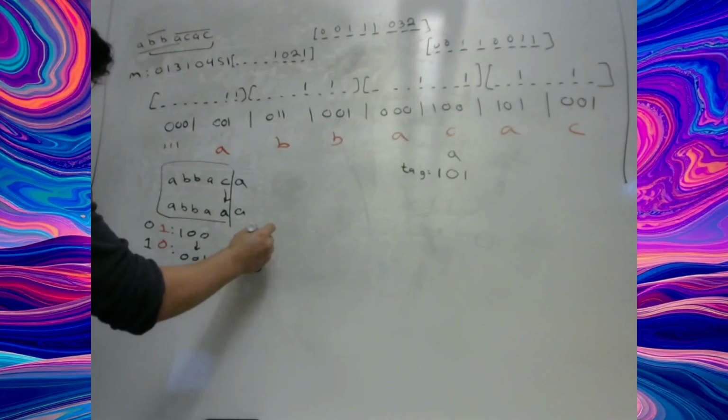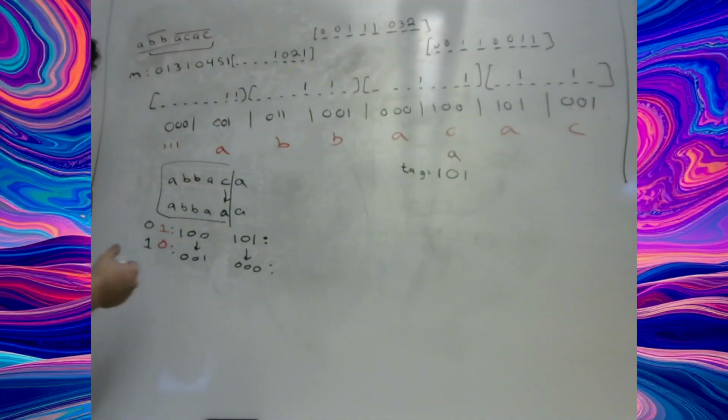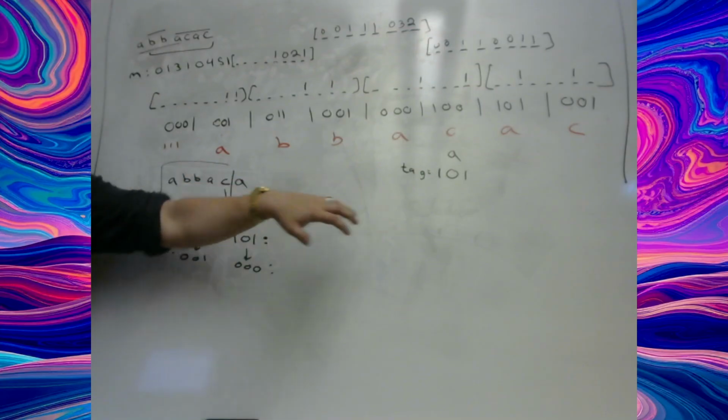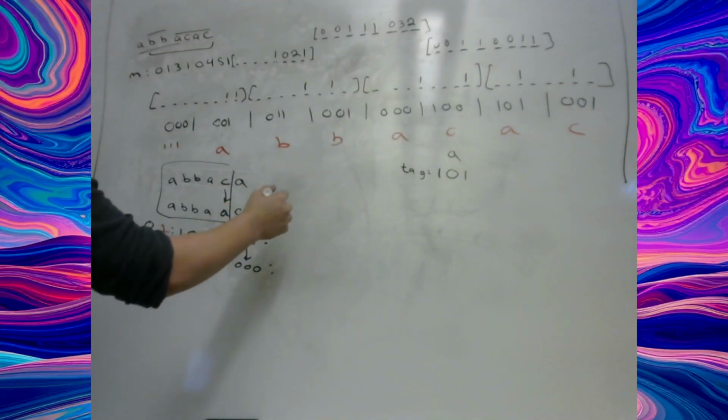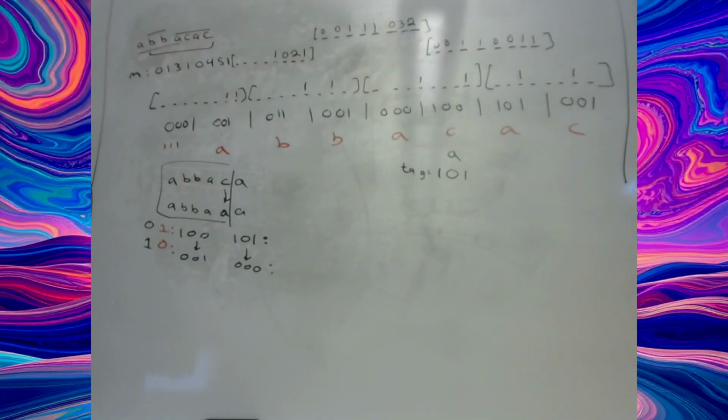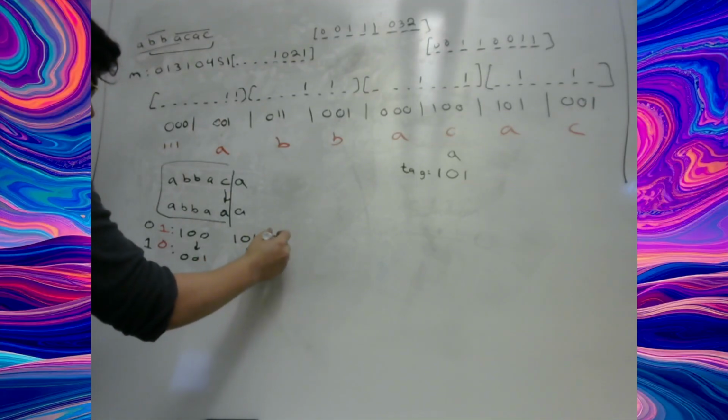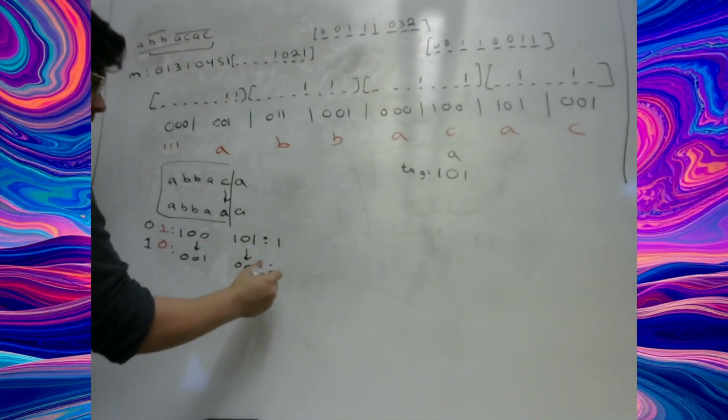All the things that contained exactly 1C and 1A from here and beyond are also going to have to get updated. So in that case, 101 had 1, and 101 had 1, and 000 had 0.